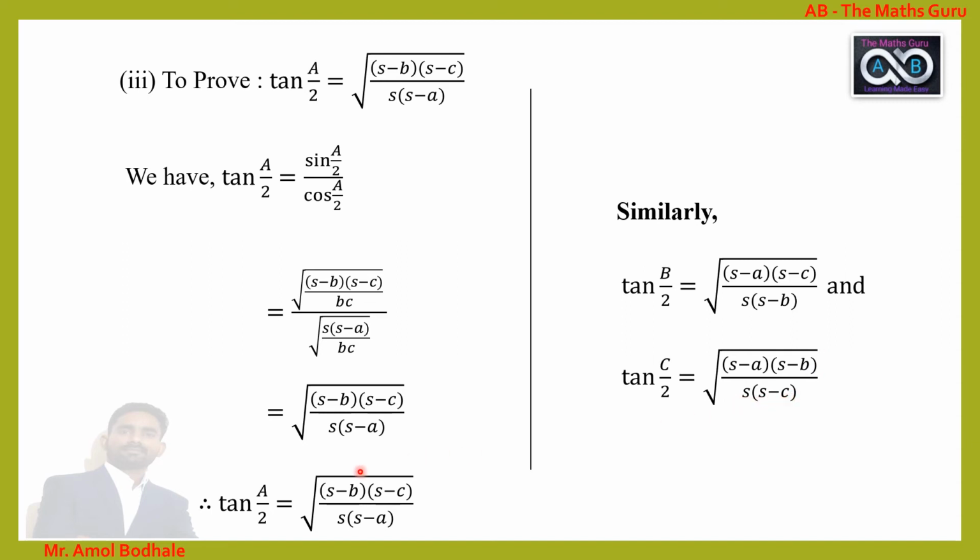So remember, when we are considering angle A, we are taking b and c at the numerator and a at the denominator. Similarly, while considering angle B, we are writing a and c at the numerator, b at the denominator. Similarly for angle C, a and b at the numerator and c at the denominator. So in this way we can remember these half angle formulae.